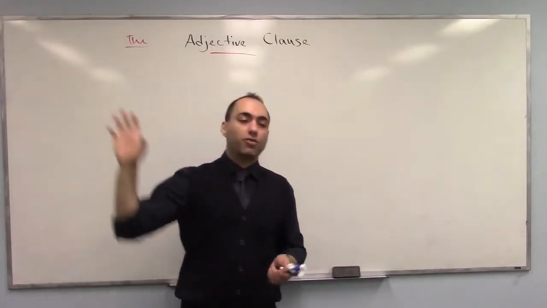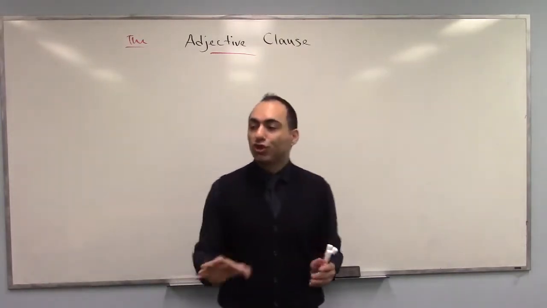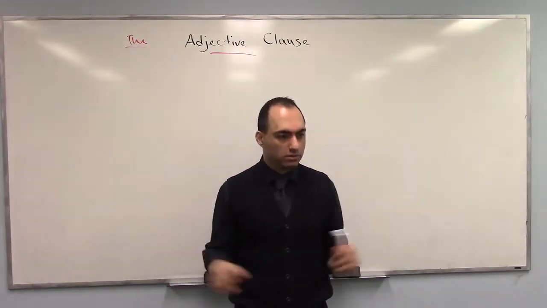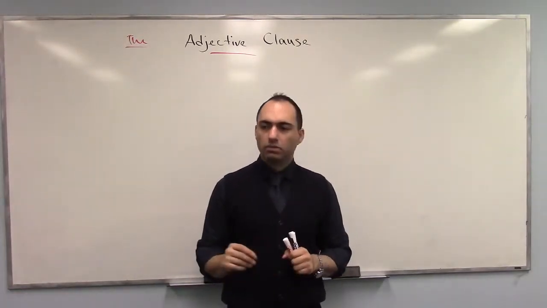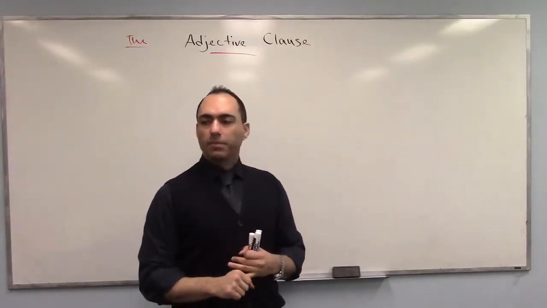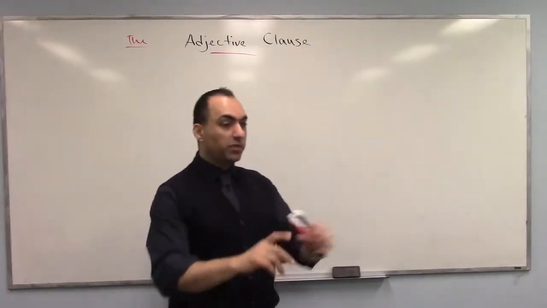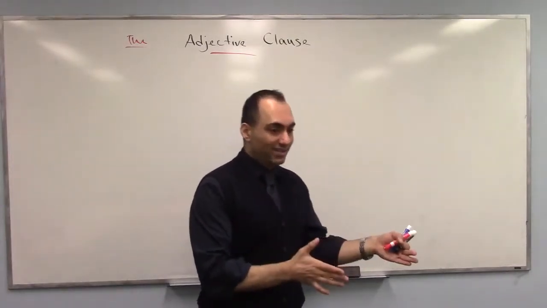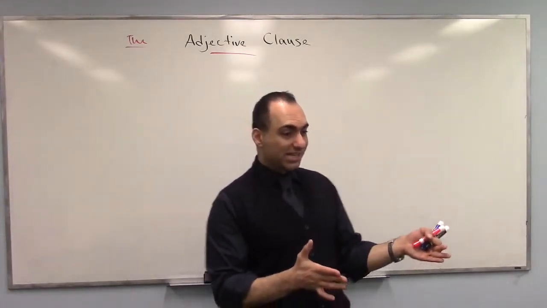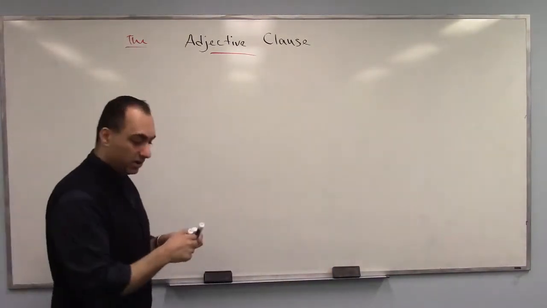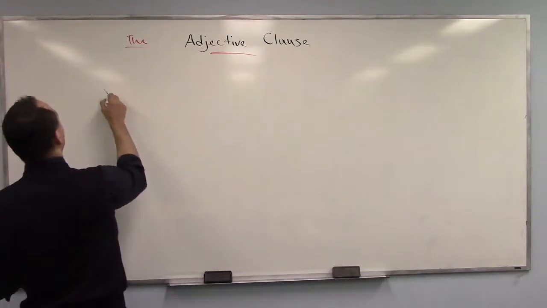If you want to look at grammar properly, you should forget about those stupid grammar terminology words. You don't necessarily need to know what a noun phrase is or what an adjective clause is. Right now, I said you don't necessarily need to know what a noun clause is. Just listen to this.